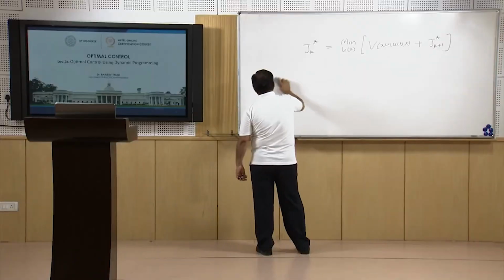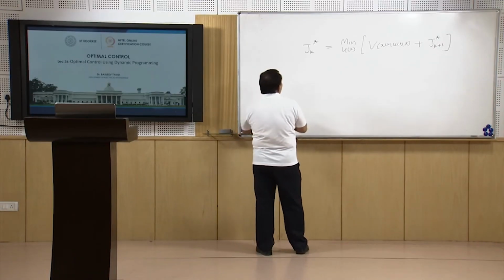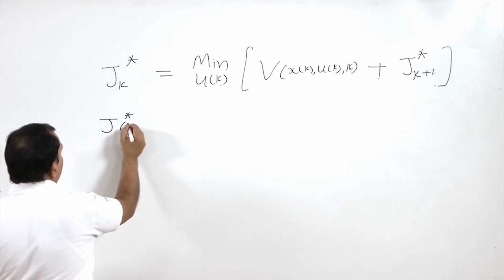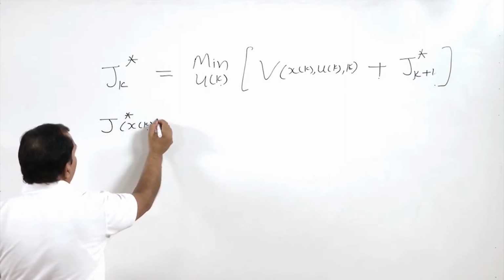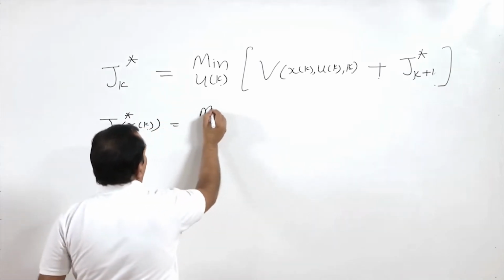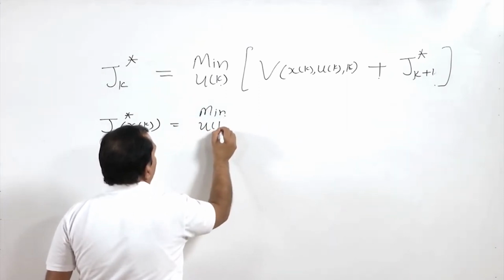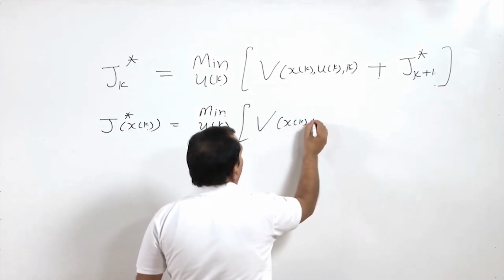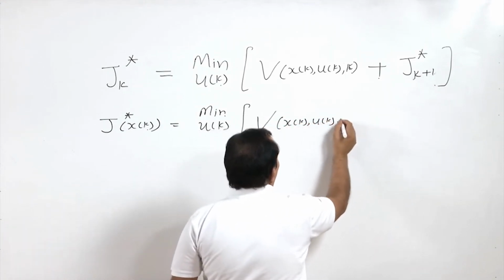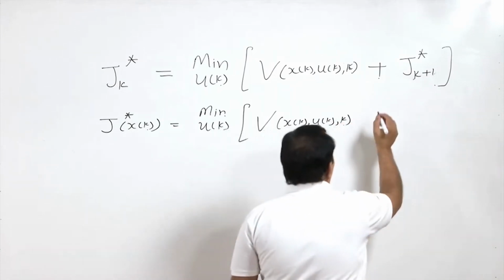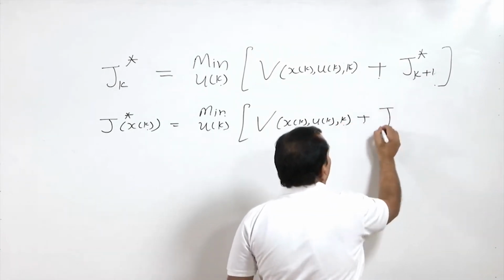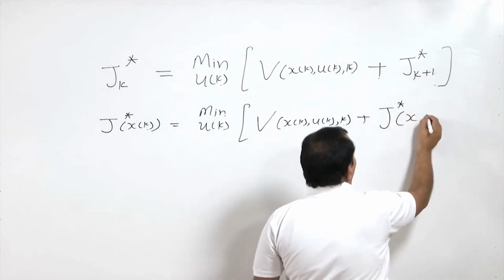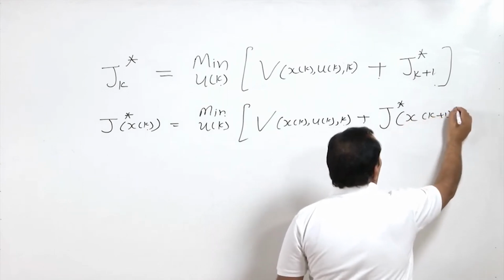In other words, in a more general form, this relation we are writing as J star x of K, minimum of UK, V xK UK K, and at this point we already obtain the optimal value of the U. So, J star x of K plus 1 we are writing.